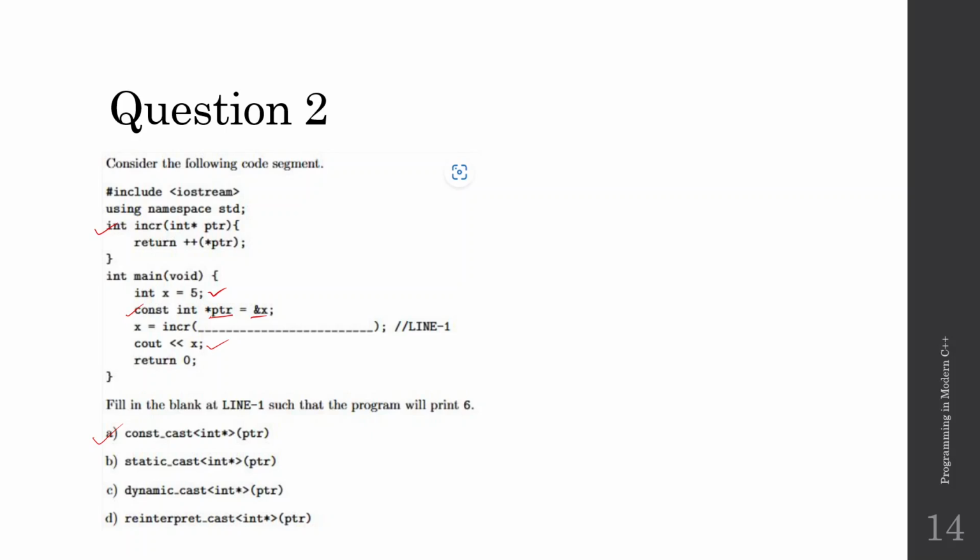Yes, Arjun is correct. We can also cast it in the C style way. We can write int star and the variable. So int star x. No, sorry, int star ptr. This will cast ptr to a normal value.